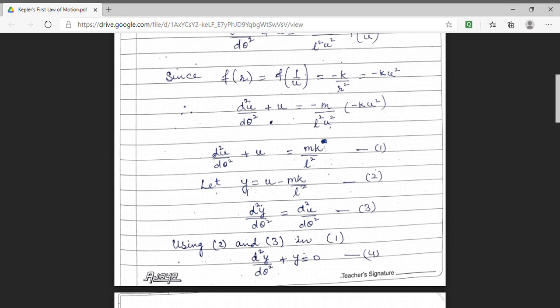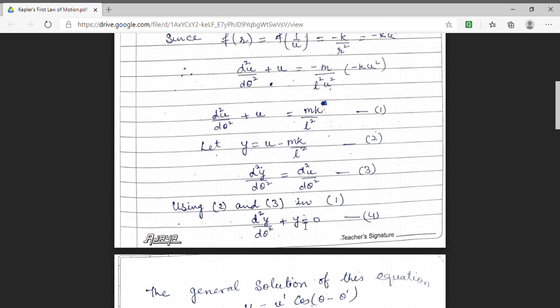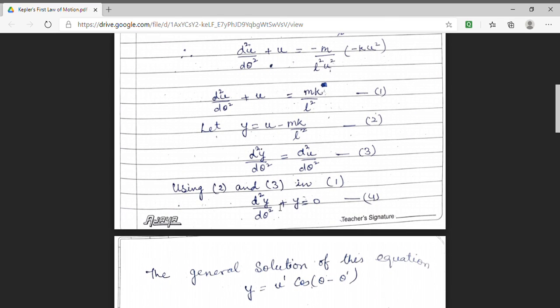In order to change this, I have to find the second derivative. That means I will get d2y upon d theta square, which will be equal to d2u upon d theta square. So using the second and third expressions in the first, I get d2y upon d theta square plus y equal to 0.